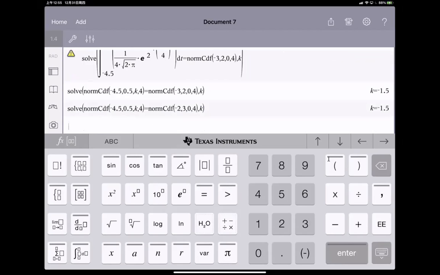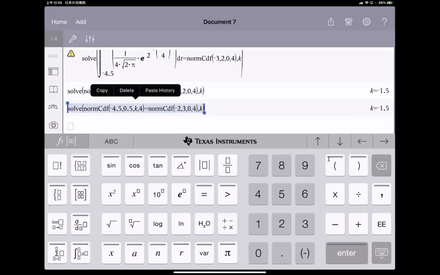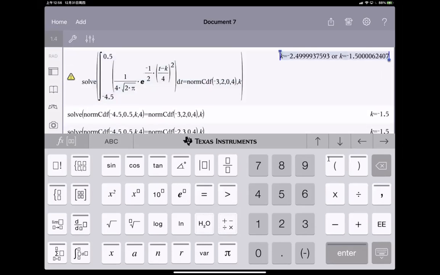Still minus 1.5. That's not very useful. What if you are reflecting the left-hand side expression? Let's say minus 0.5, 4.5. Doesn't work. So use your CAS calculator judiciously if you learned that trick, okay? Here is my suggested way to complete that 3-mark question to get both solutions.